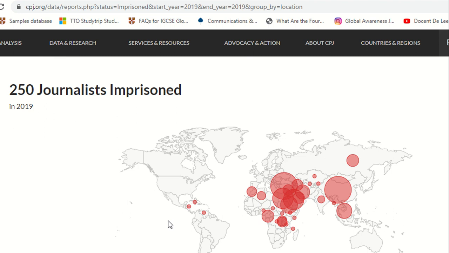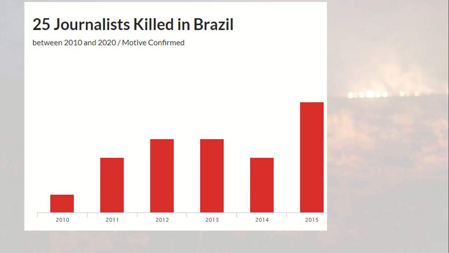So maybe journalists do give a good impression about the situation in Brazil. Oh no, 25 journalists are killed in Brazil these recent years. Maybe there is a problem with the objectivity of journalistic accounts on the Amazon rainforest.